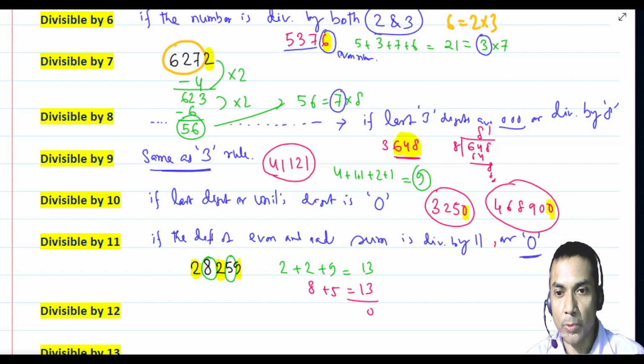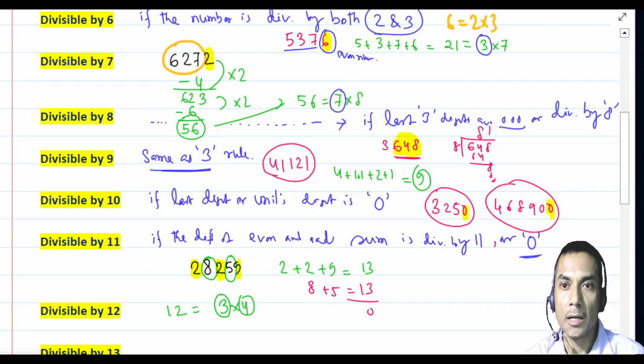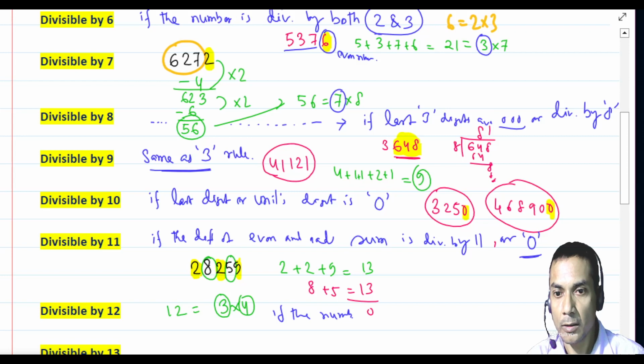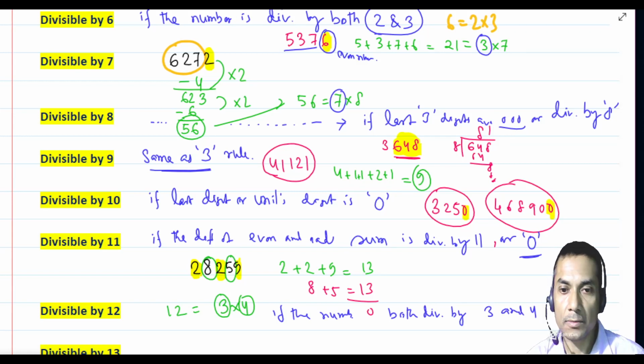Then divisible by 12. How can you identify divisibility by 12? You have to find out that 12 is equal to 3 and 4. That is the reason you have to consider 3 and 4. If the number is divisible by both 3 and 4, clear?